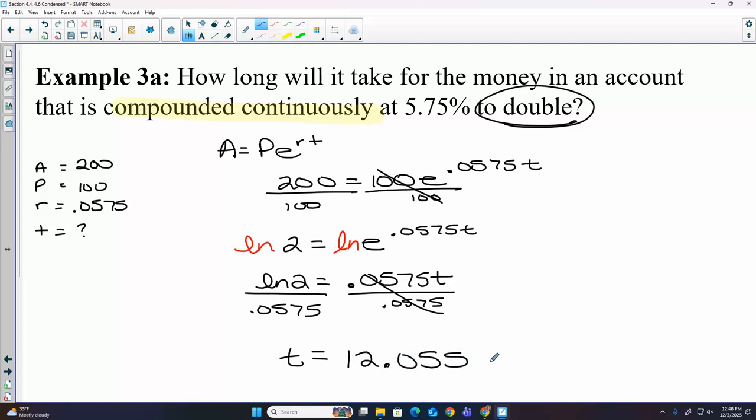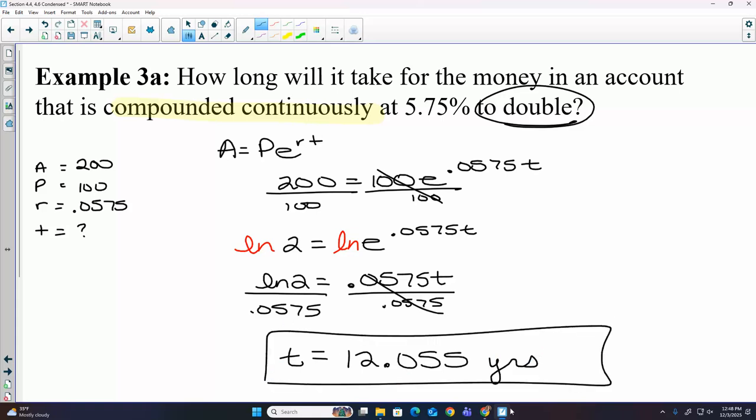So I get 12.055. Time is always measured in years. So just over 12 years to double our investment. Any questions on those?